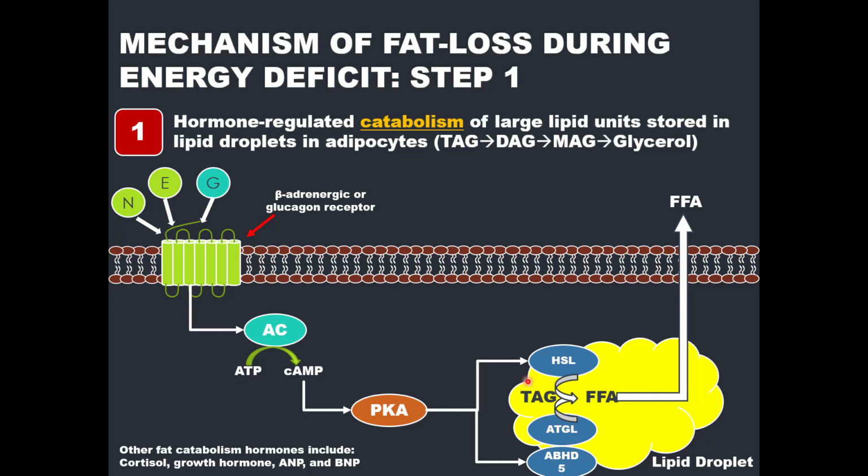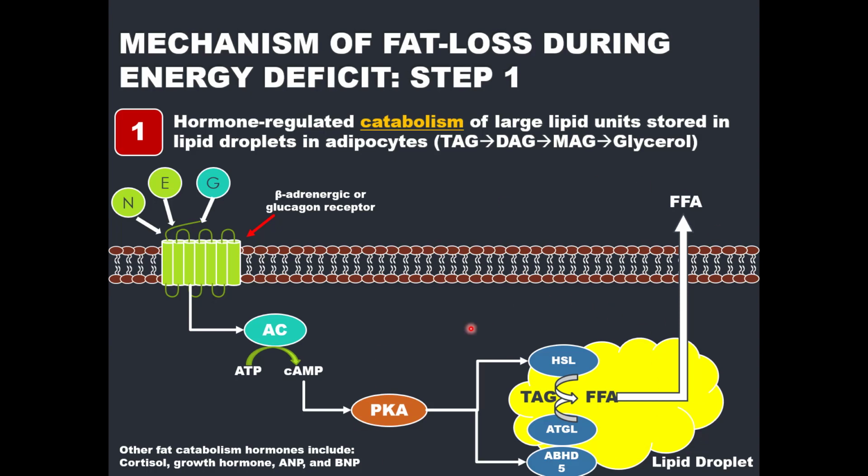So as these triglyceride molecules are being catabolized, there is increased release and circulation of free fatty acids, which then can be mobilized to other cells, and those cells can oxidize them, and in that process, these fatty acids will be converted to CO2 and H2O.